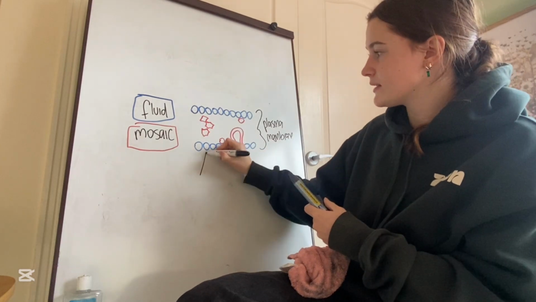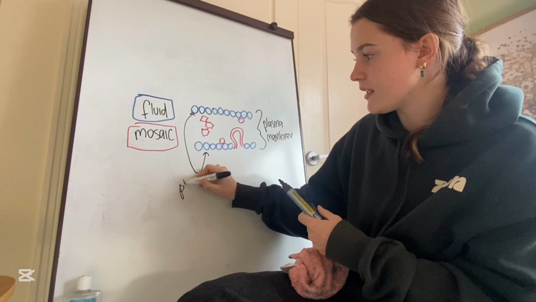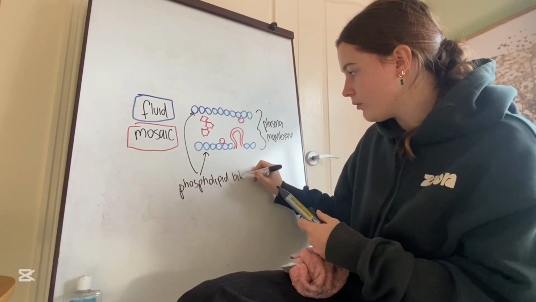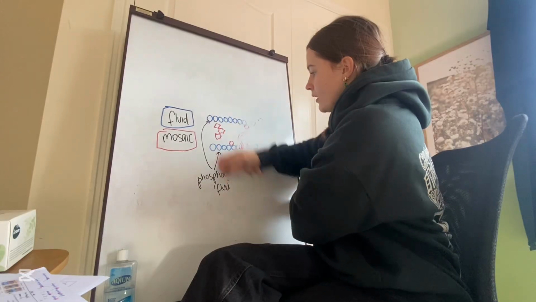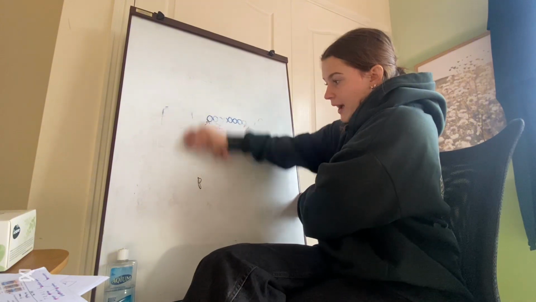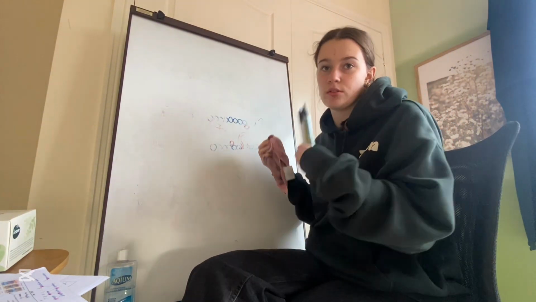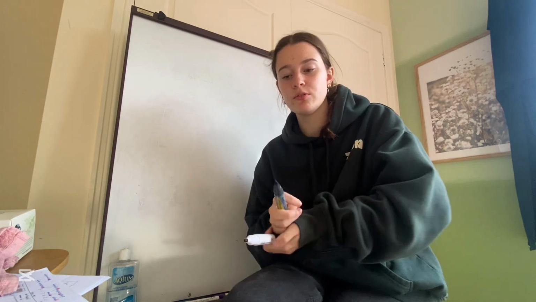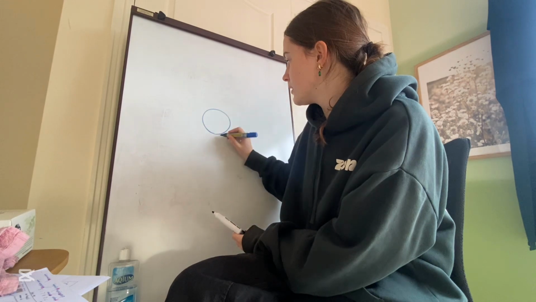But just this section here and this section is the phospholipid bilayer, or the fluid component. The phospholipid bilayer, meaning two layers, where we've got this and this. The phospholipid bilayer is made up of phospholipid molecules. What the heck does that mean? Excellent question.